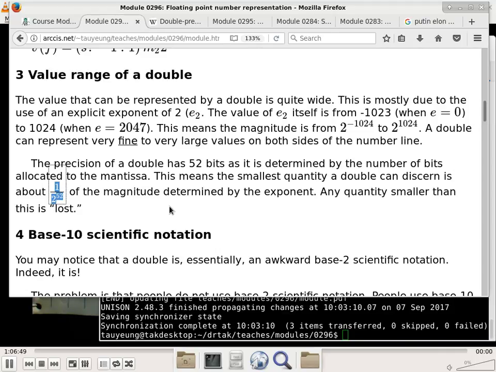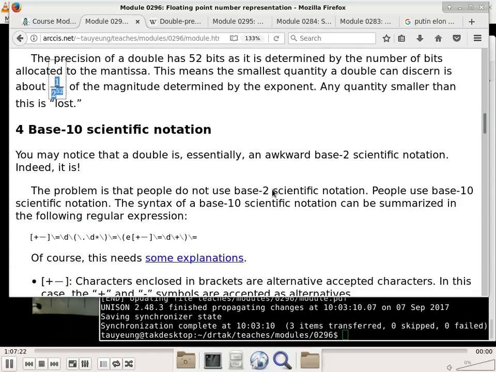If you want to increment a value represented in double, this is the minimum quantity they can register when you add it to that particular number, because you only have 52 individual bits for the mantissa. So if your quantity to increase is less than this, it's going to be lost. There's no way to specify that quantity to be added to the original number.